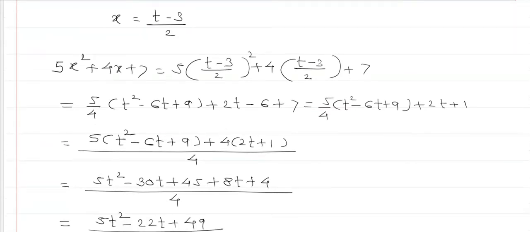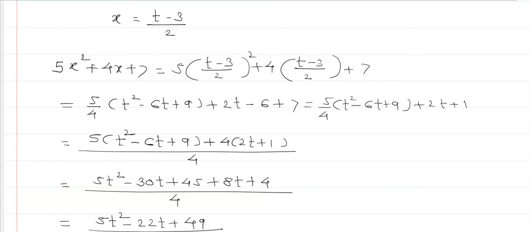Now see this, 2 square is 4, 5 by 4, t minus 3 bracket square. Its expansion is t square minus 6t plus 9. What about the next? That is 4 upon 2, that is 2 in bracket t minus 3. There is 2t minus 6, and here is plus 7.